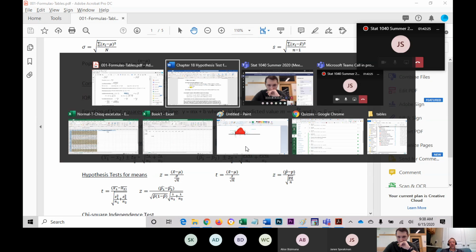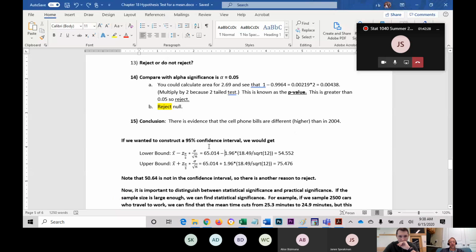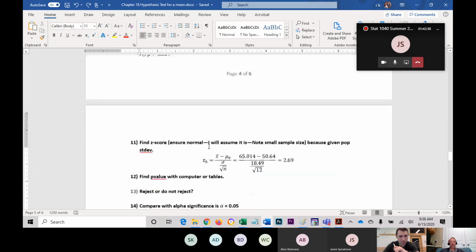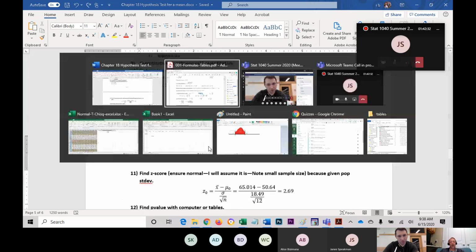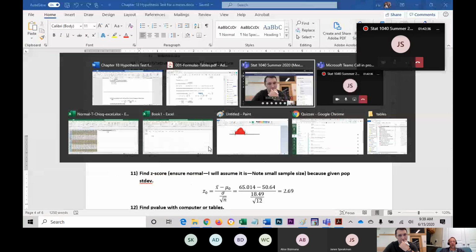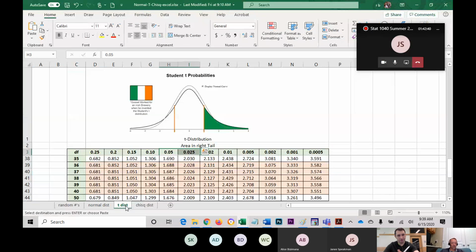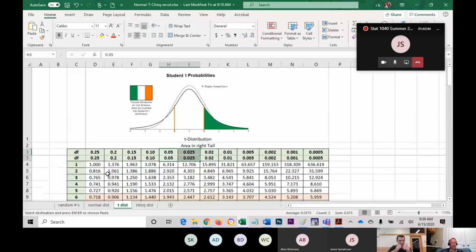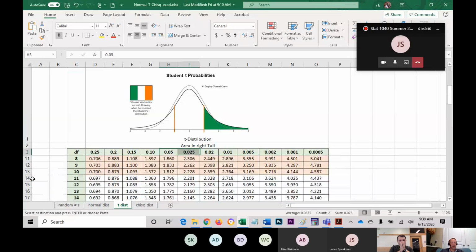Now, let me just mention this really quickly. If this is a z, yeah, this is z. If we were using a t distribution, here's how you would use the chart. We've got 11 degrees of freedom, sample size is 12.